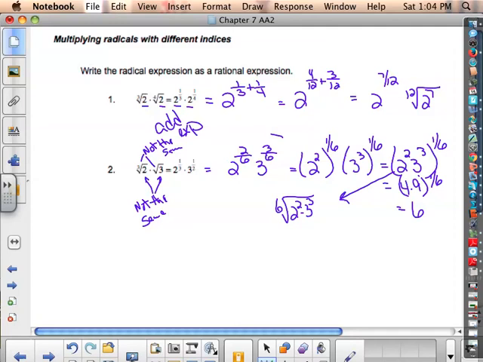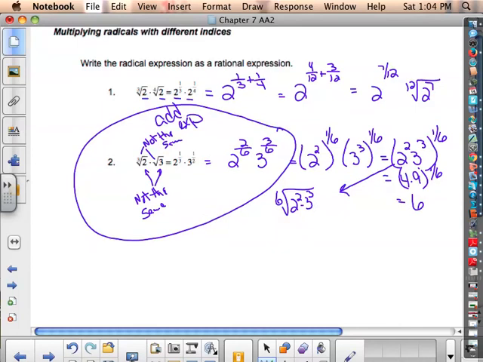So pay special attention to this when you have indices that are not the same, and then you have radicands that are also not the same. You're going to handle that a little bit differently in that you're going to try to get them to have a common index, and then you can rewrite it as a radical and raise them independently to their powers.